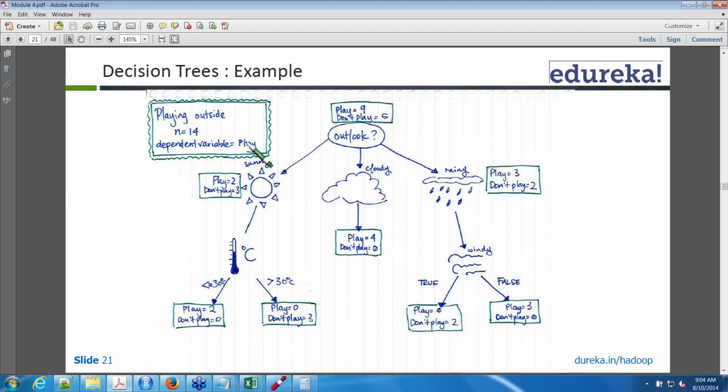This example finds out whether today we can go and play or not. Based on the weather condition, it splits the data set further and says whether you can play or don't play. It's similar to what we have seen with profitable or unprofitable customers.